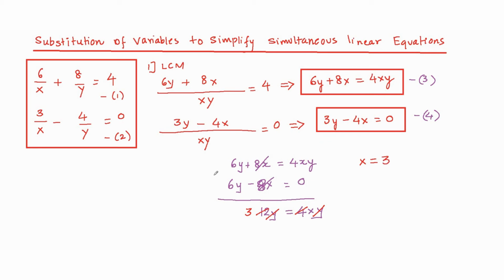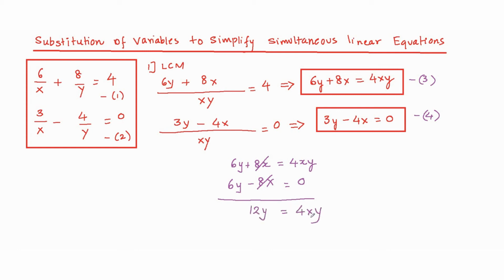Or the other way of looking at this would be, let me erase this and write it one more time. So I have 6y minus 8x equal to 0. Let me add these two equations. So when I add these two equations, 12y becomes equal to 4xy.